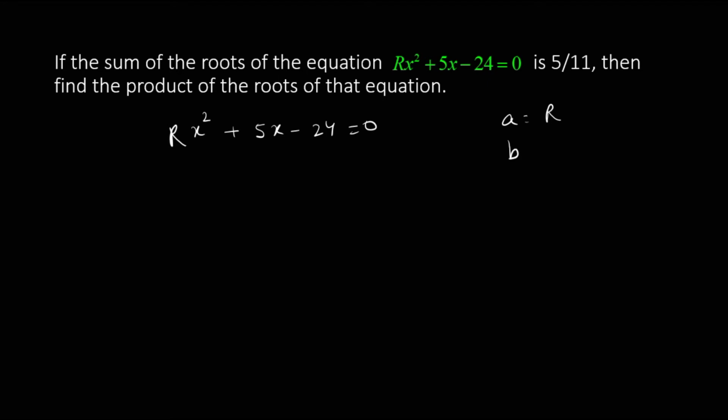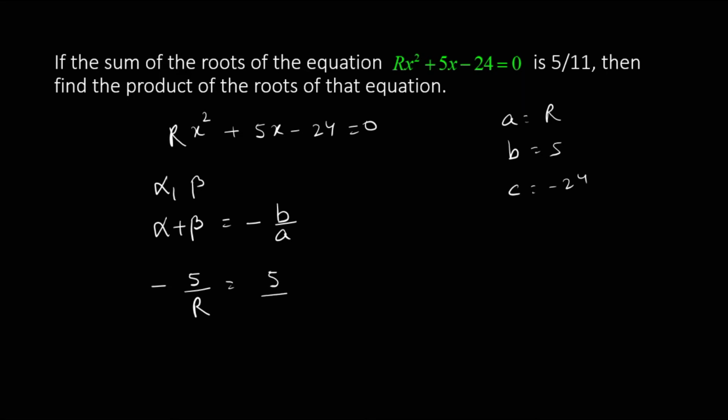b is equal to 5 and c is equal to minus 24, and it is given that the sum of the roots, suppose alpha and beta are the roots of the given quadratic equation, is alpha plus beta, and this is equal to minus b over a. So minus 5 over r is equal to 5 over 11.